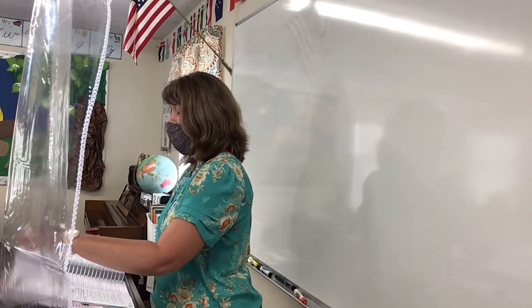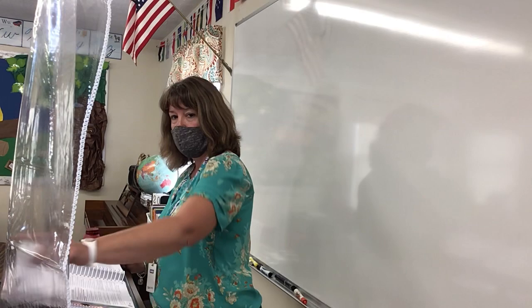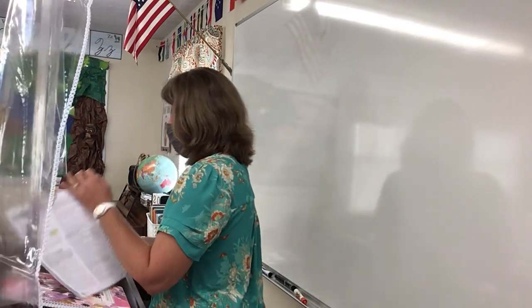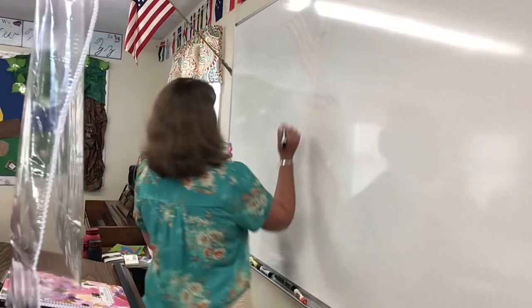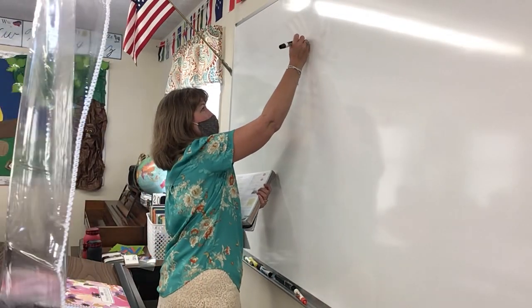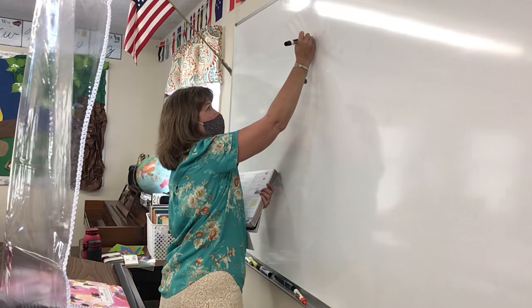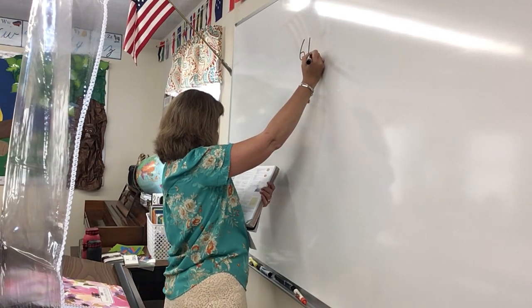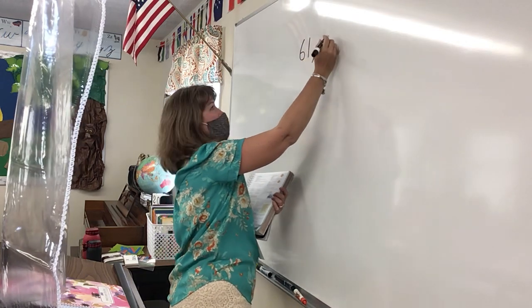61,840,273. All right, let's hop up to the standard form. So we're going to write the number in its digits. So we've got 61 million. So how do we write that? 61, comma, 840,000.